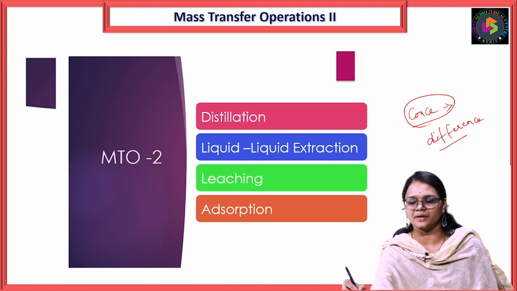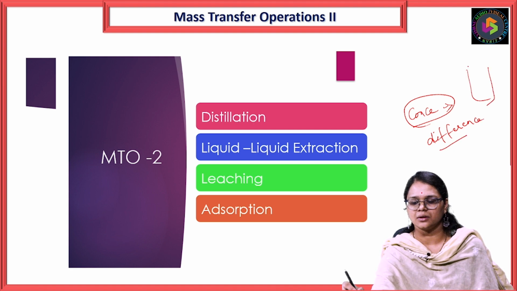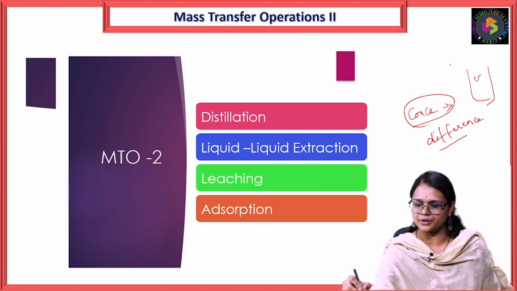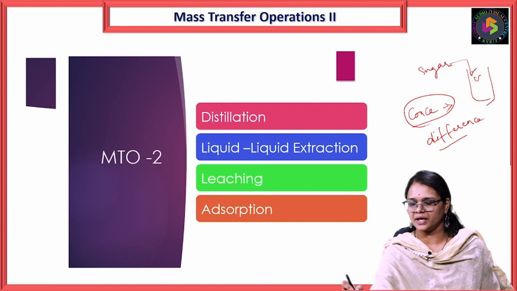For example, we take a bowl of water and add, let's say, sugar. When we add the sugar, as it has a higher density, it will simply settle down. Let's say I'm adding a spoon and mixing this.